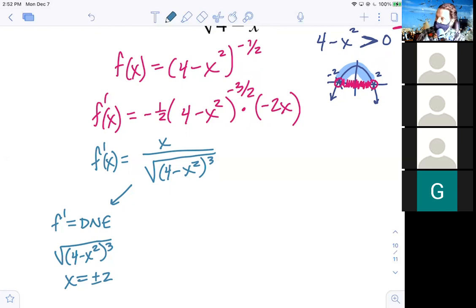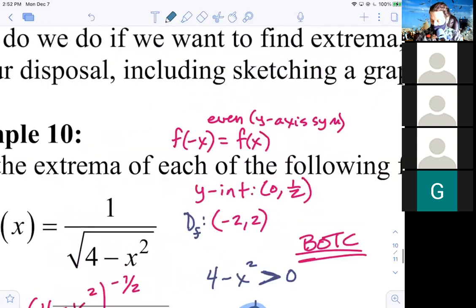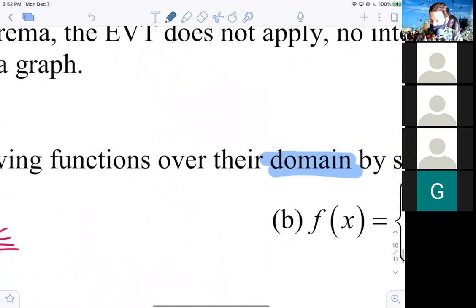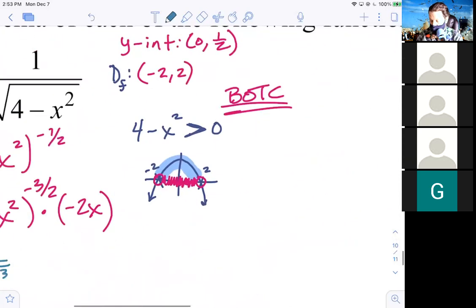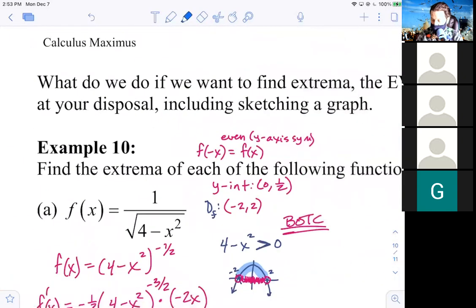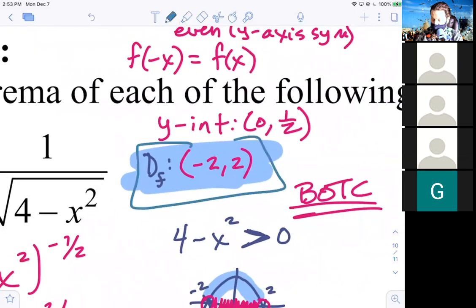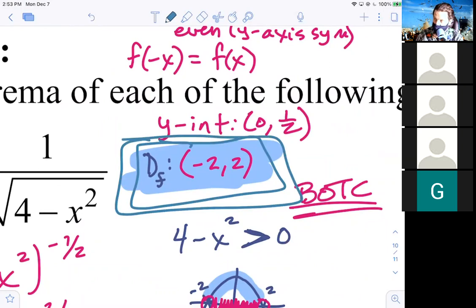Are they critical values? Are they in the domain?